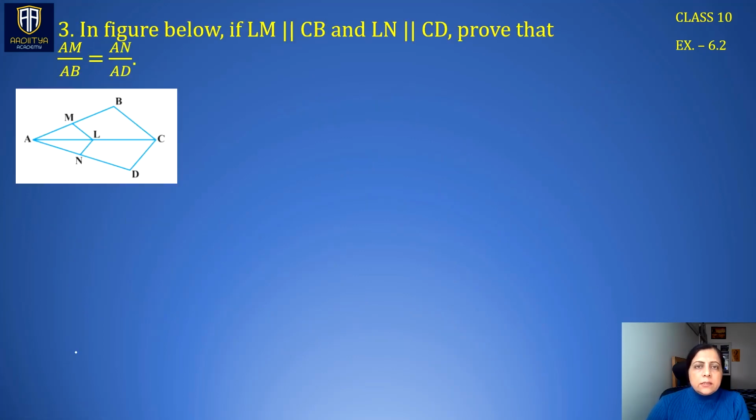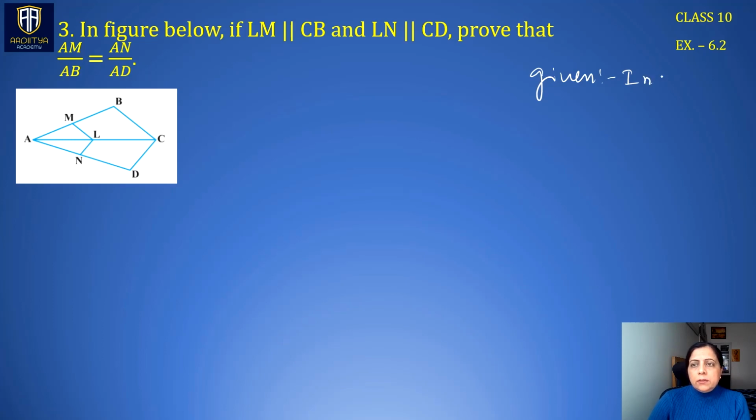Next question says, in this figure, given that LN is parallel to CB and LN is parallel to CD. So we write what is given to us. We have to mark the triangles.